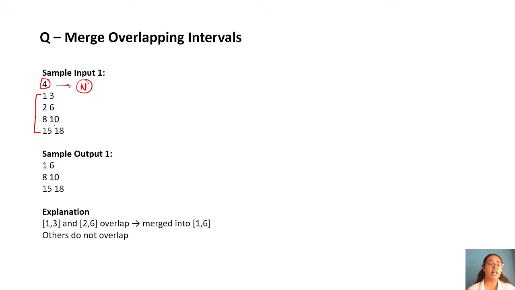And what are the other elements? These are actually the intervals. So this is your first interval, this is your second, this is your third, and this is your fourth. You have to take the input of all of them, and maybe you can create a tuple or list of them, we'll see accordingly. But this is how they should all be stored.